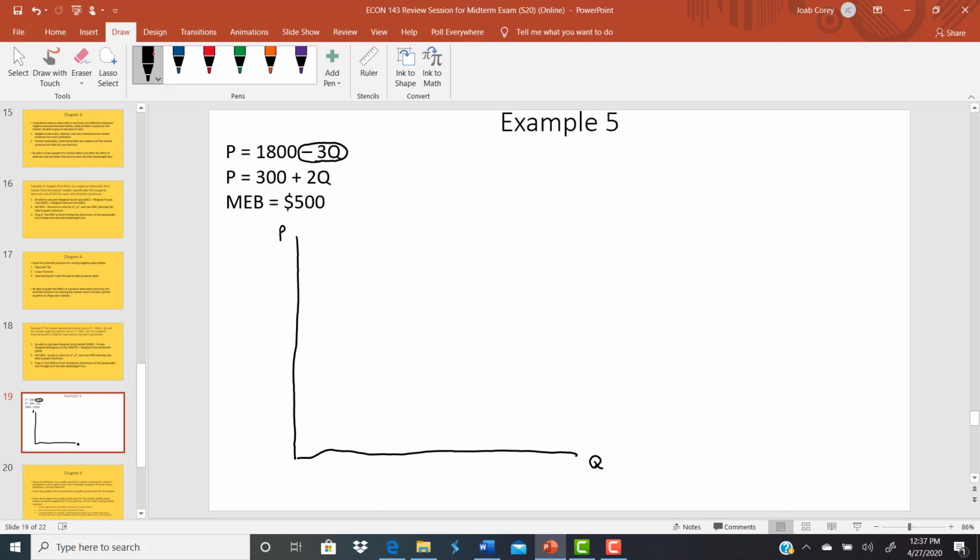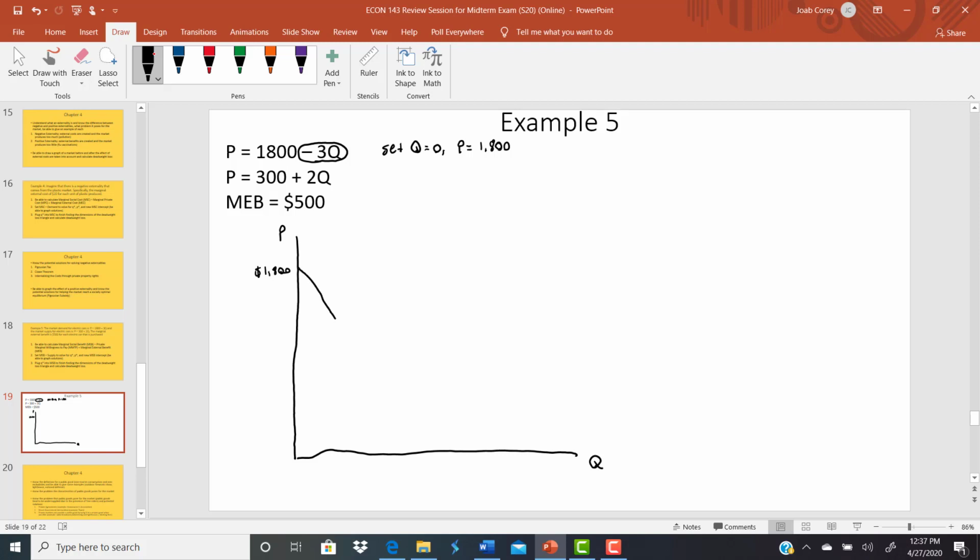So if we're going to figure out where this demand curve is going to start, then we're going to set Q equal to 0, and from there we can solve for a price. So again, if Q is equal to 0, then our price is 1800. That's where this curve is going to start. So we'll say this is right here at 1,800.